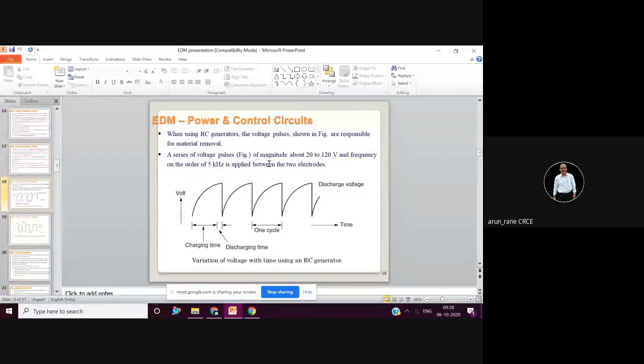So this is what your RC circuit is. You take a capacitive circuit, so it continuously charges and discharges. This is your charging time, and then this is your discharging time. Again charging time, discharging time, and one charging and discharging makes one cycle.